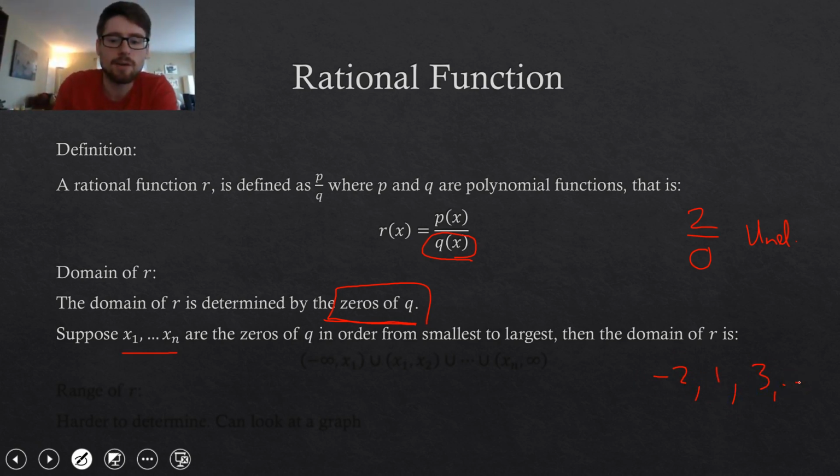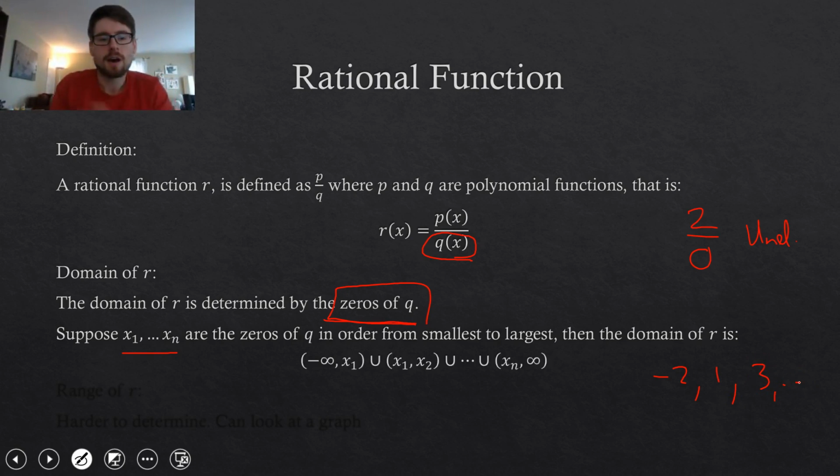If you listed them in that order, then the domain of the rational function is going to be a bunch of subsets of the real line: -infinity to x1, not including x1, x1 to x2, not including, x2 to x3, and so forth. And then the one at the end, xn to infinity, is everything bigger than the biggest zero.